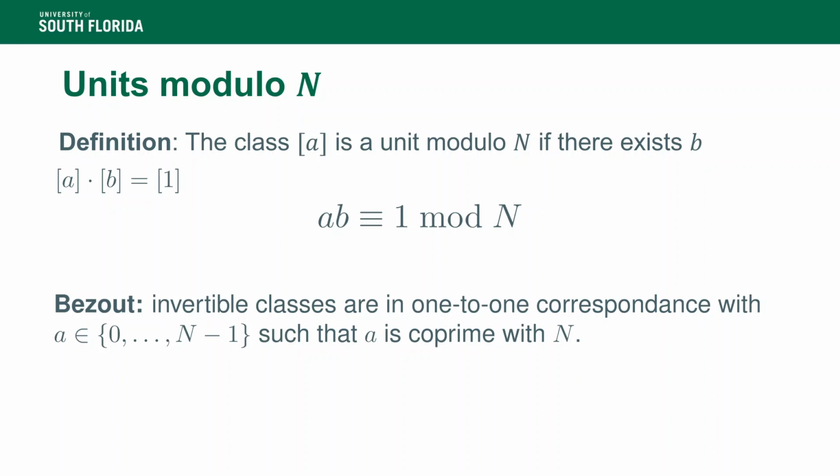So another important notion here that we'll need, and that's at the heart of Shor's algorithm, is the notion of units modulo n. We say that a class is a unit if it has an inverse for the multiplicative operation. So what it means for A is that there should be B such that A times B is congruent to 1 mod n.